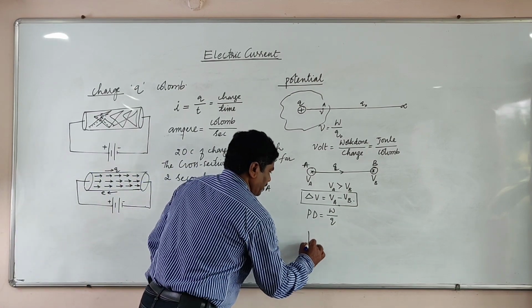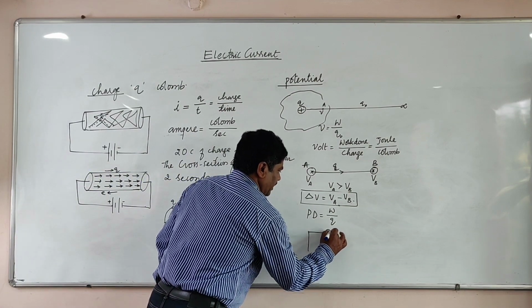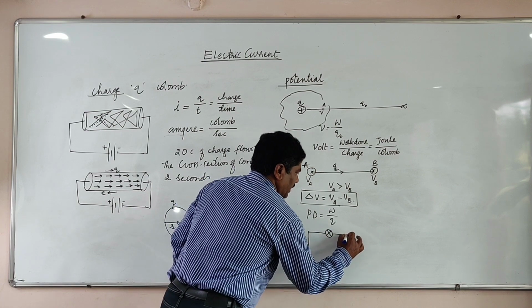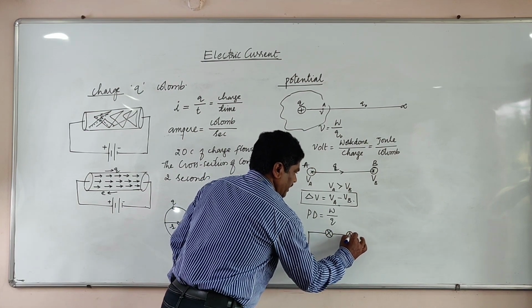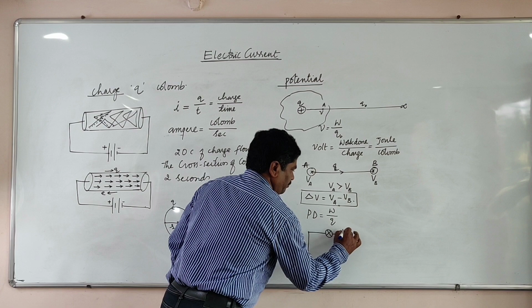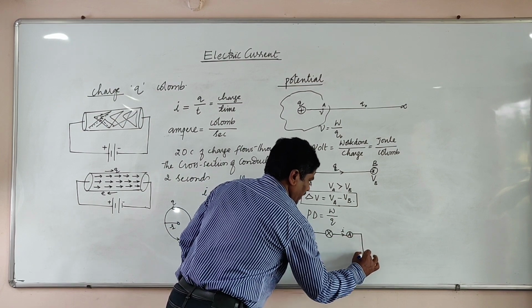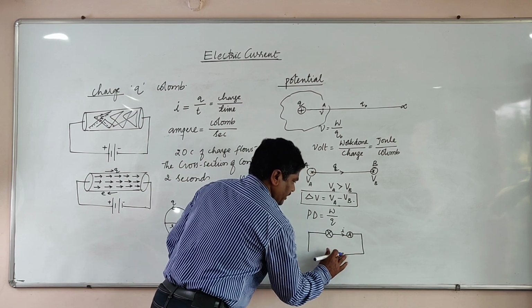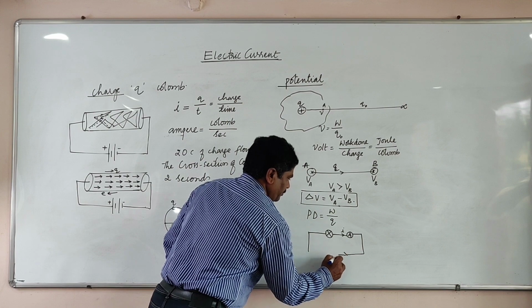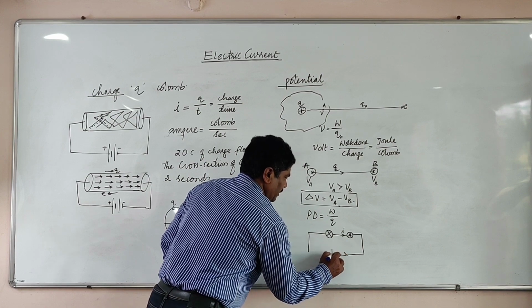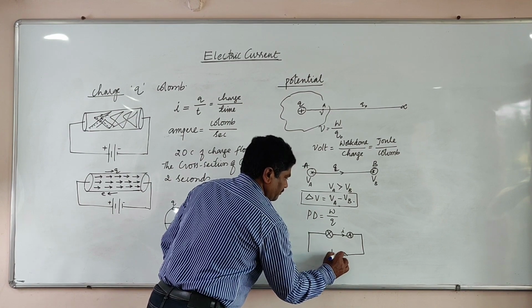And for a simple electric circuit, we can take a load connected with an ammeter to register the electric current, a switch, and thereafter a battery.